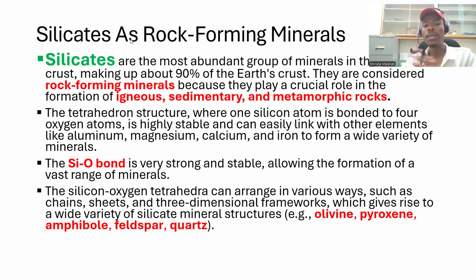That's why we say in the tetrahedron structure, one silicon atom is bonded to four oxygen atoms. This structure is highly stable and can easily link with other elements like aluminum, magnesium, calcium, and iron to form a wide range of minerals.